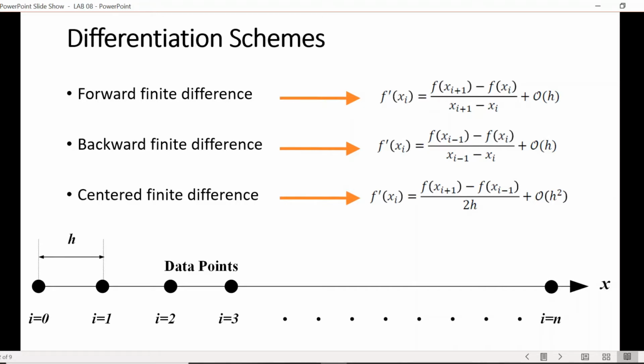Then in a similar way as forward scheme, we can get the derivative. But for the center difference scheme, as the name implies, we need to know the function values at both one step forwards and backward data points, and then divide the difference by twice the step size.